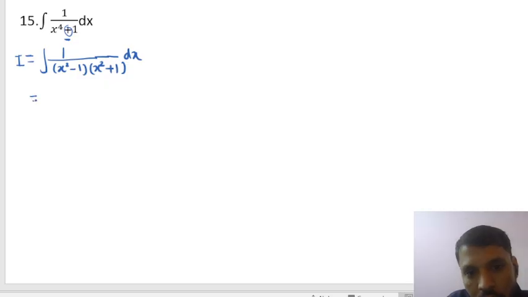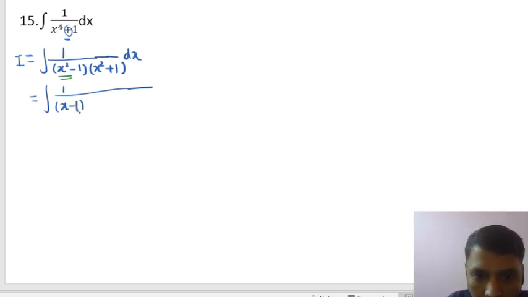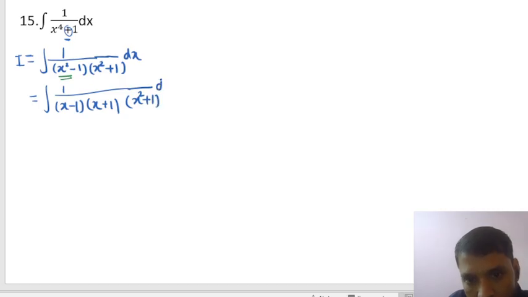Further we apply the identity on this x square minus 1 term, so this will become the integration of 1 upon (x minus 1) into (x plus 1) and (x square plus 1) dx.